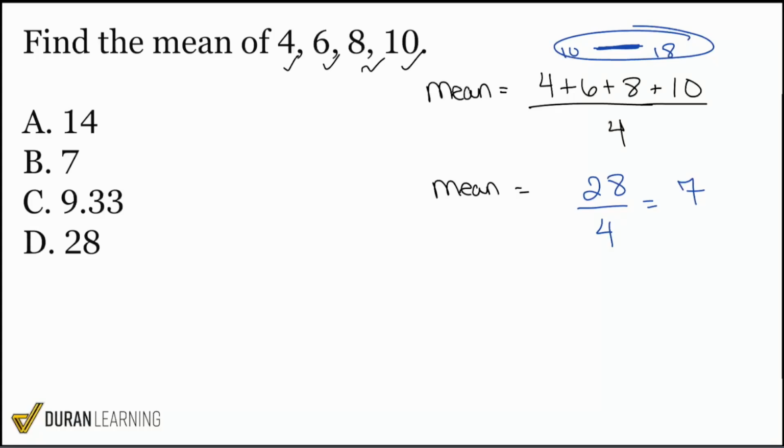But I want to make sure you understand that another way that we can think about this, thinking about mean as that balance point, you might be able to tell that something's a little consistent here. It's 4, then 6, then 8, then 10. They're all 2 apart. So when your numbers are all spread out, you just think about what number is perfectly in the middle between all of them.